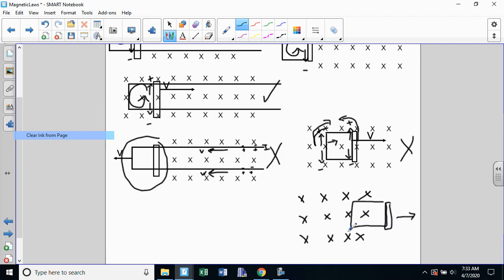But the back end of the loop is still in the field, and it's still moving to the right. So positive charges go up, negative charges go down. What happens to the current inside of the loop? It flips direction, and now it's actually going clockwise because the current in the loop is driven by the voltage on the back end of the loop.